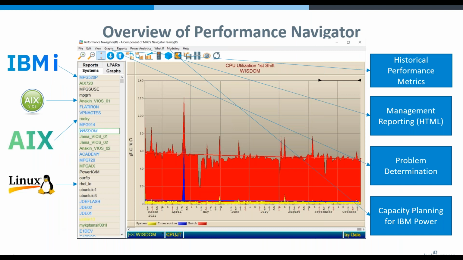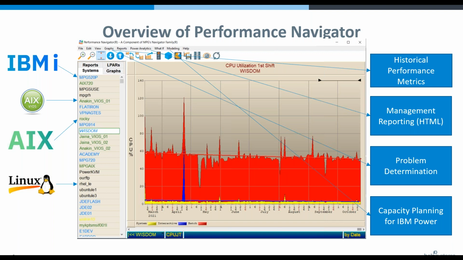And then, we look at an overview of Performance Navigator and how to navigate this product. We'll see that we can manage IBMi, AIX, VIOS, and Linux servers. As a matter of fact, we could look at Linux NMON data from x86, bring that over to Perf Navigator and say, this is the Power10 server you need to host that Linux data on.